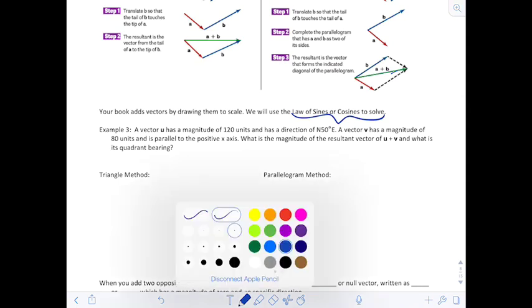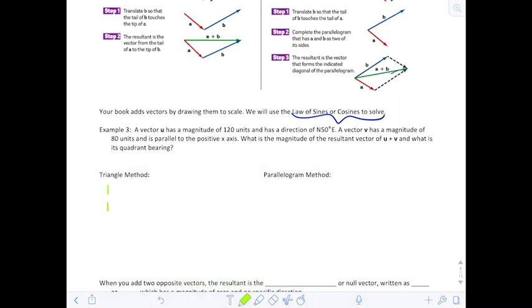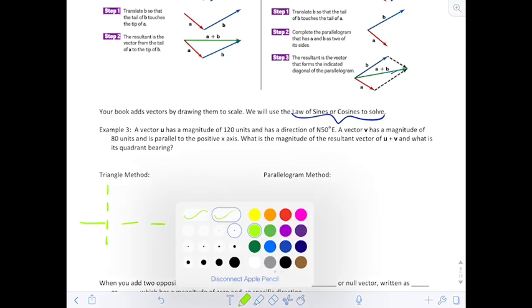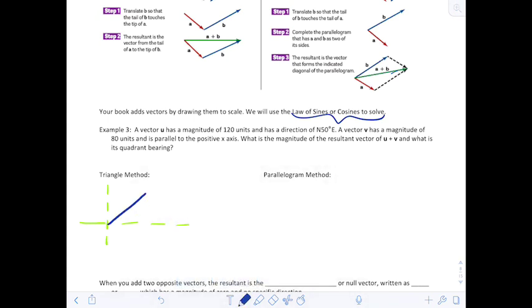So we're going to draw that. Here is my north-south and my east-west, and my vector is 50 degrees east of north. Let's label that.